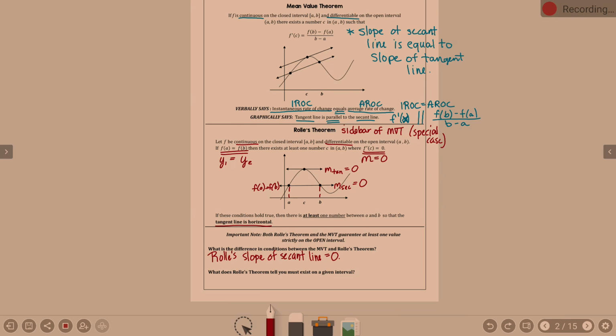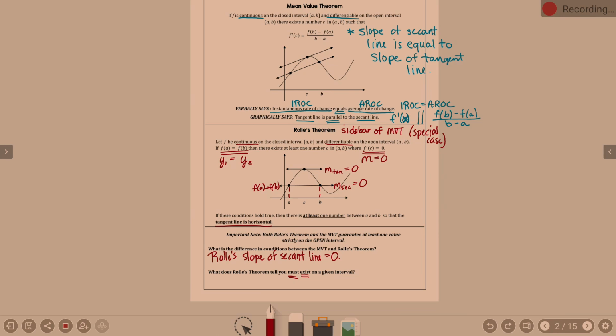Okay? That's why I was like, okay, if I take you through this, you'll see it. So what does it tell you? And here's the key. It says must exist. Because that slope of 0 must exist, a max or min. I have the word extrema in my notes. Remember, extrema is our fancy word for maxes and mins. Okay?